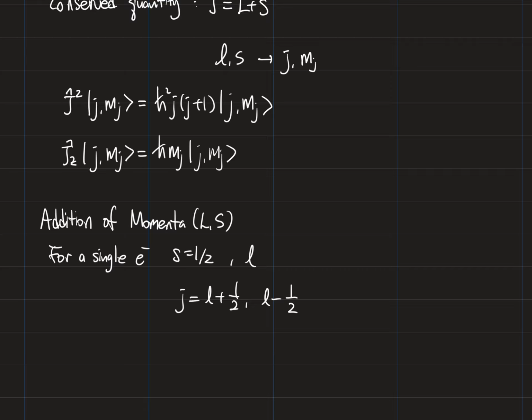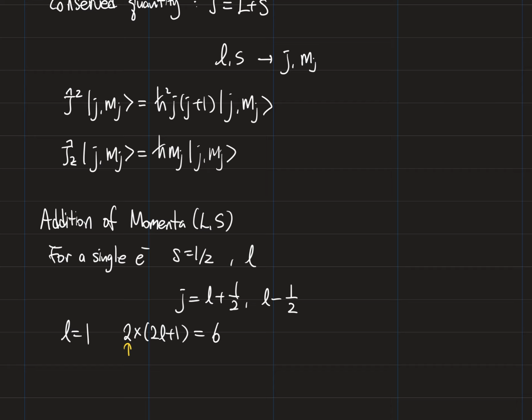Let's walk through an example. What about L equal 1? This is like an atomic p orbital. The degeneracy of this system is 2 multiplied by (2 times 1 plus 1), so you have 6 total states.